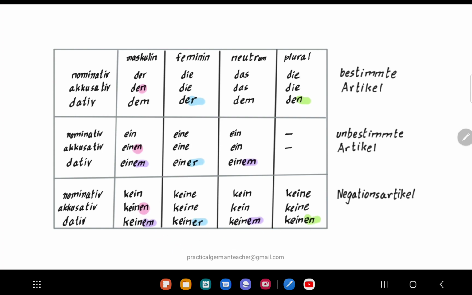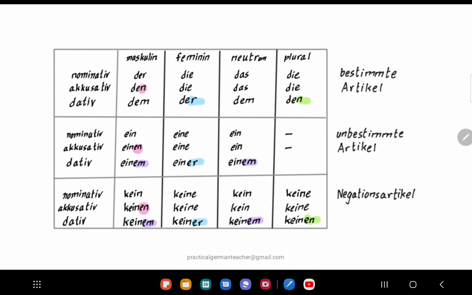Now you are moving in the dative case, right? So everything will change. Masculine and neutrum start sounding like m: keinem, they both are the same. Feminine starts sounding like er. It starts sounding like the nominative masculine definite article which ends with n. But you don't have to remember it like that. Just remember that feminine dative starts sounding like er.